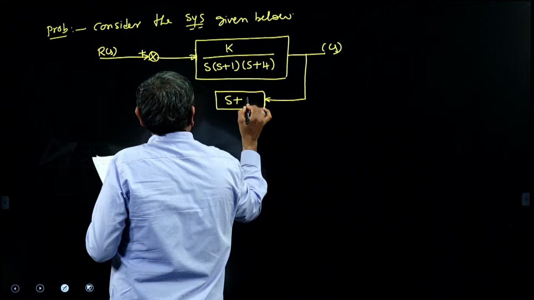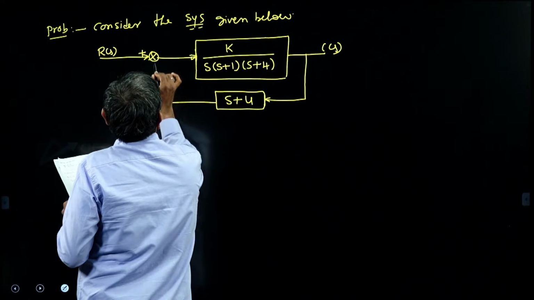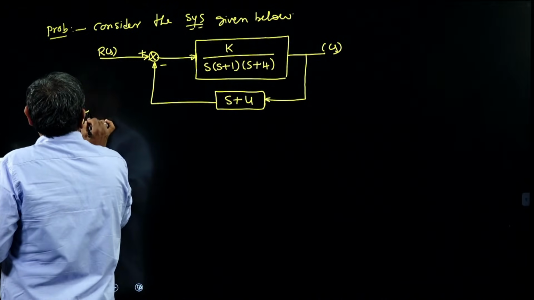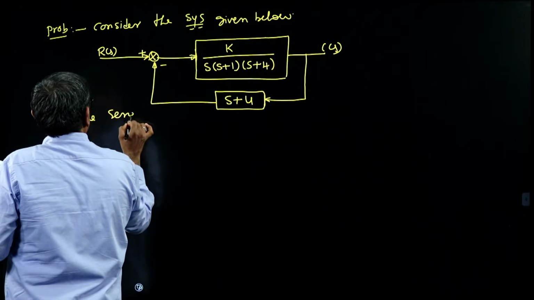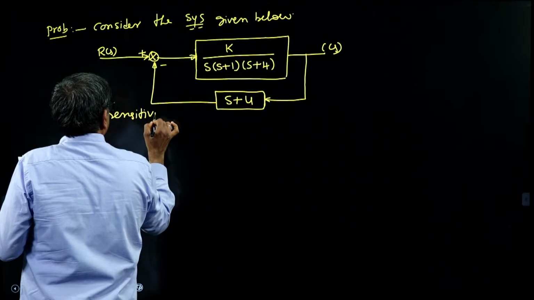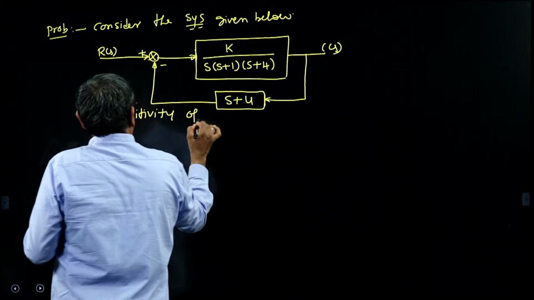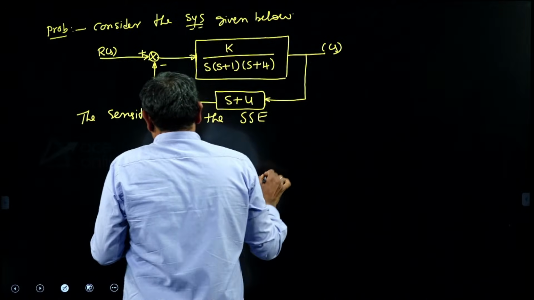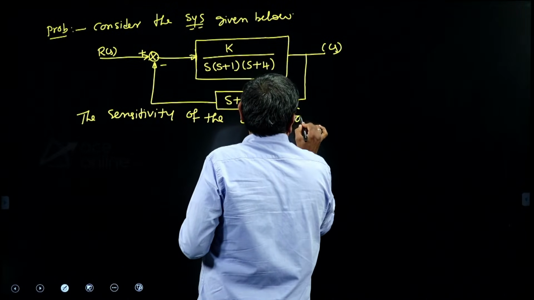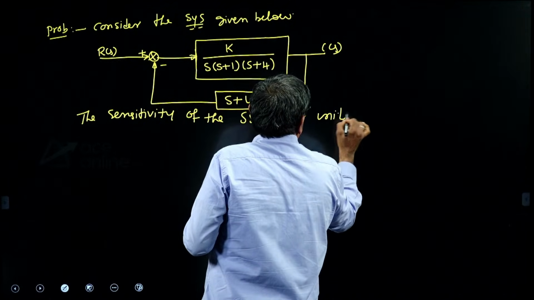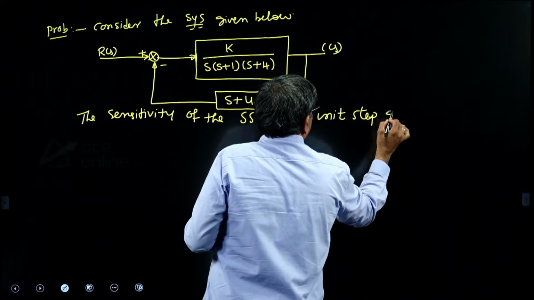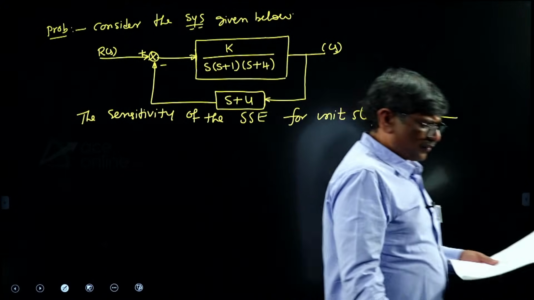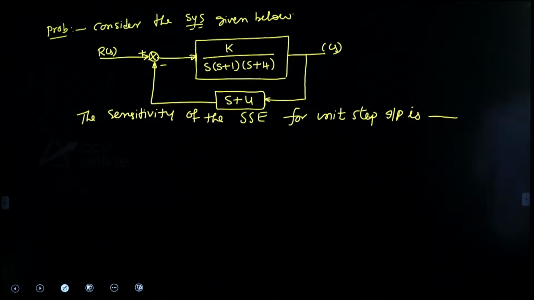This is a recent ISRO question. Recent 25 ISRO question. The sensitivity of the steady state error for unit step input is... Come on, solve it. The given options, I will write it.